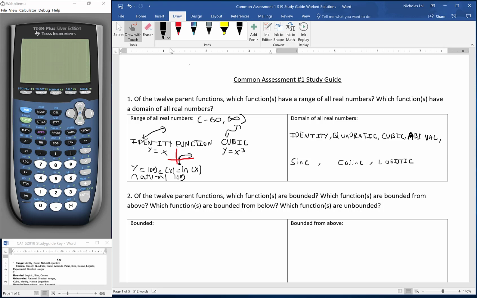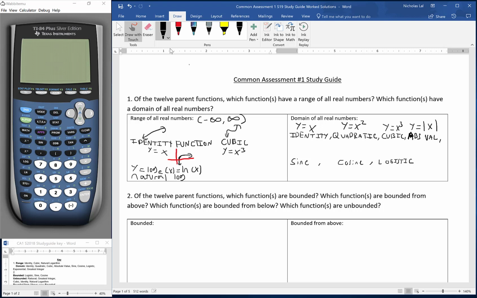The formula for the identity function is, once again, y is equal to x. The quadratic function is y is equal to x squared. The cubic function is y is equal to x cubed. The absolute value function is y is equal to the absolute value of x.